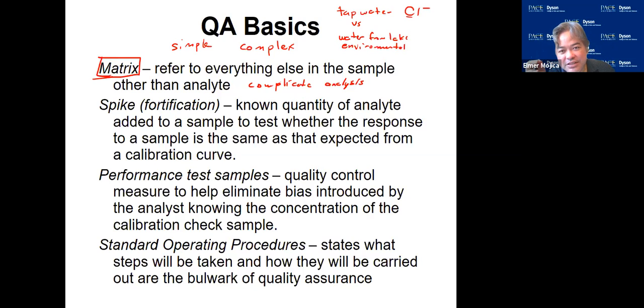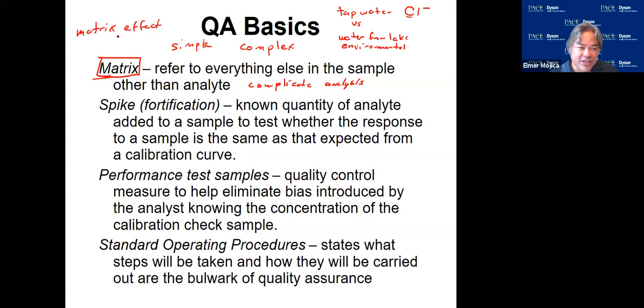So when we say complicated, the more chemicals that the sample has, the more complicated its matrix is. Now, some of these chemicals can enhance or lower the signal of the analyte that you want to analyze. And that is the so-called matrix effect.